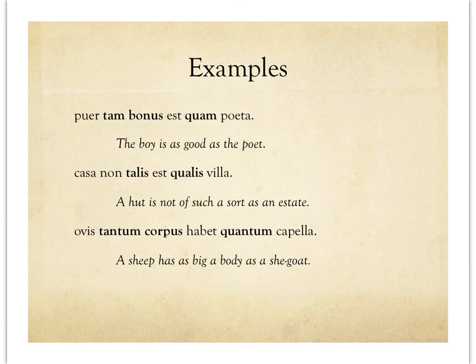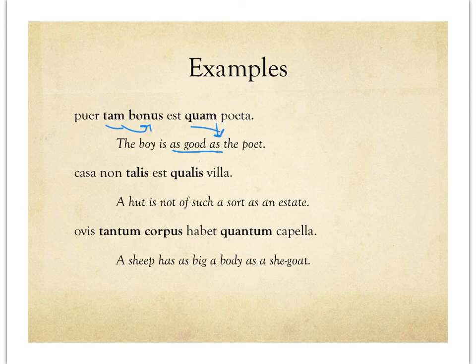In these examples, you can see that we've got tam and quam, and tam here is giving us more information about bonus, the adjective. So puer tam bonus est quam poeta. The boy is as good as the poet. The quam is really just that second as, and we're comparing two things, a puer and a poeta.